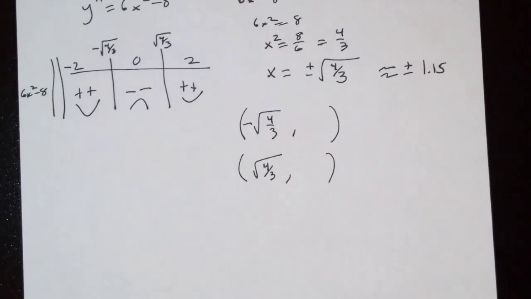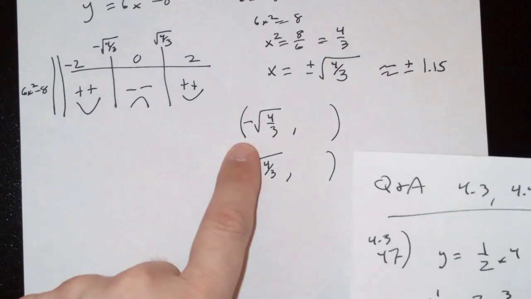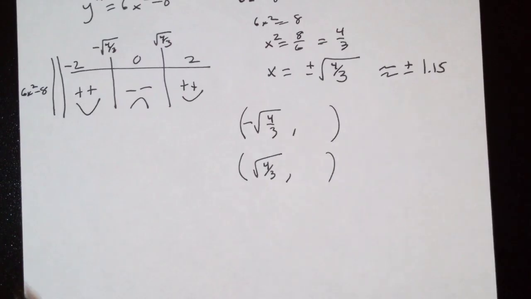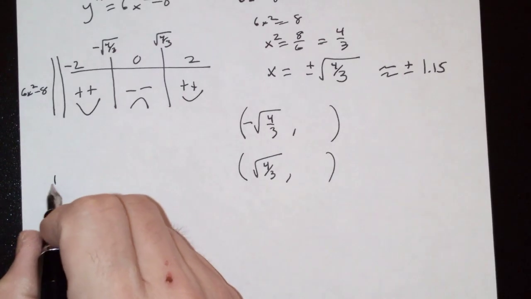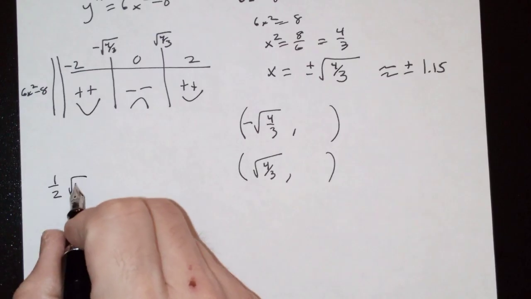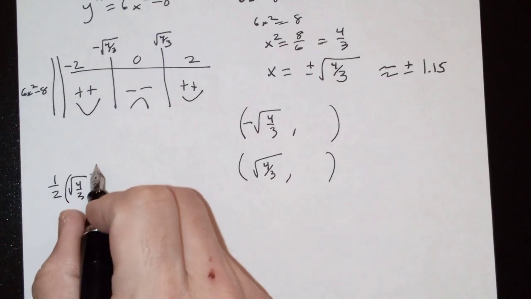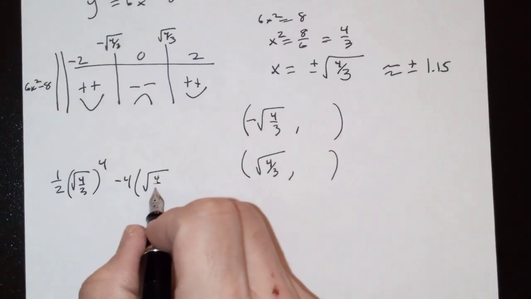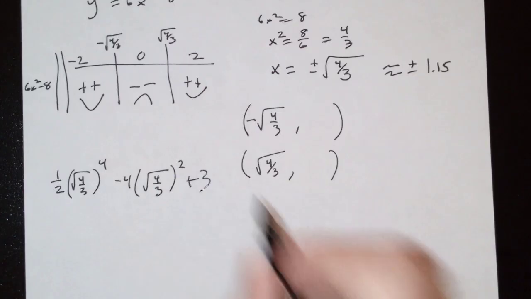But in order to get the y values, because it asked for the points, I need the y values. I have to plug that back in here. 1/2 root 4/3 to the 4th minus 4 times root 4/3 squared plus 3. Yes?